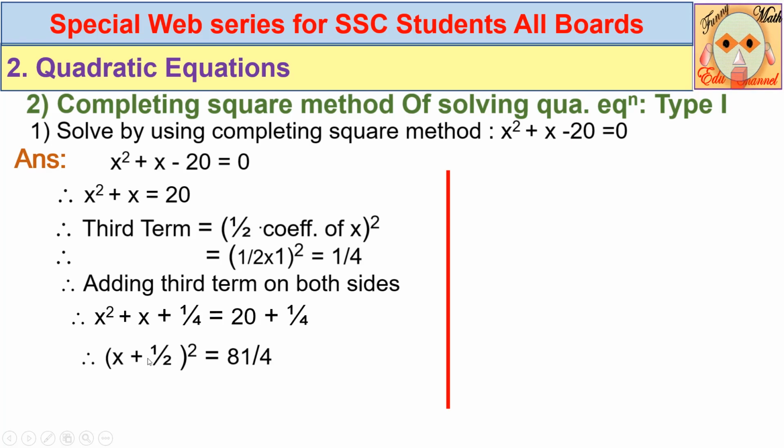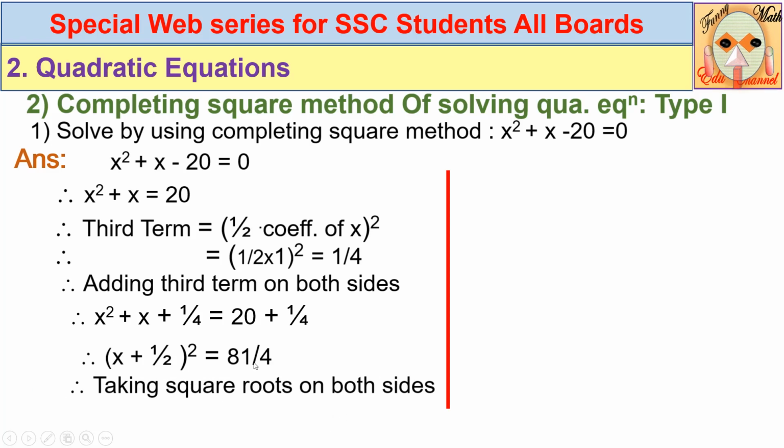The first term squared, the product of these two, twice, you get x, and the second term squared, that is 1 half square, is 1 upon 4. So we can write here the complete bracket square. We are saying this is the completing square method, because we have completed the square on the left, and equal to, you have addition of fraction and integer, that is 4 into 20 is 80 plus 1, you get 81 upon 4. Now you have to take the square root on both sides.